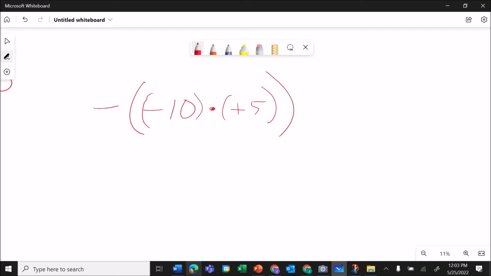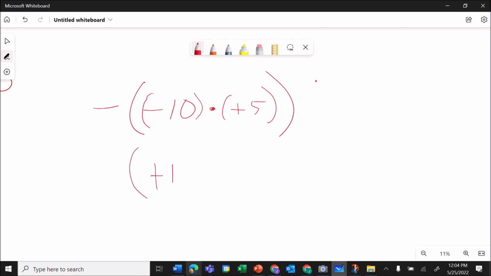And you rewrite this problem after the distributive property. Looks like a negative times a negative and a negative times a positive. Yes. Can you solve it? Yes, you got it. If I have negative times a negative, what happens? It becomes a positive? Okay, I'm going to help some of you who don't have it yet.